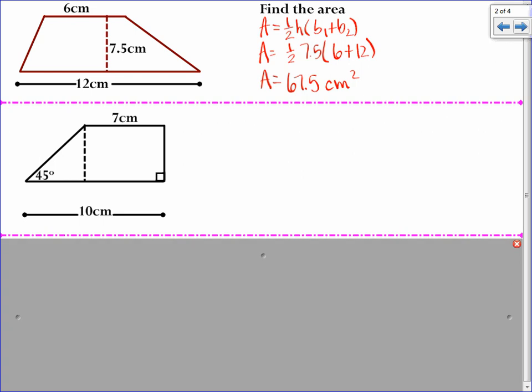Looking at this trapezoid, what information do we have? We have both bases, the parallel segments. Okay, so let's at least start our formula. I'm going to leave the height blank because we don't know that, but we know the 7 plus 10.